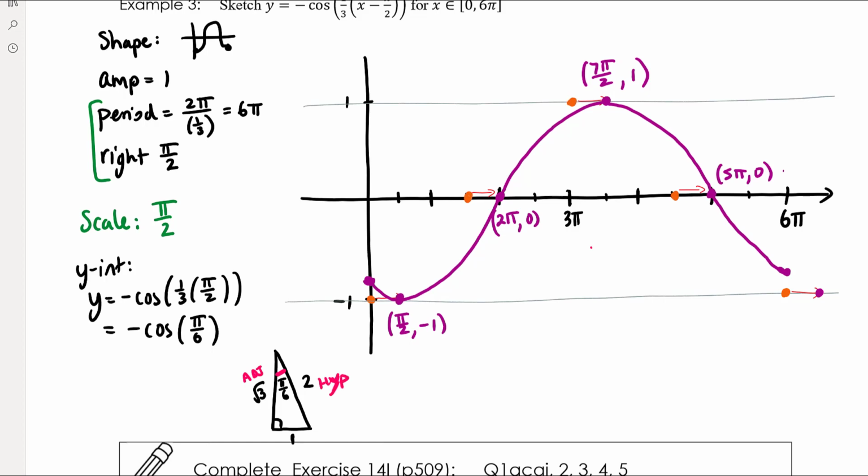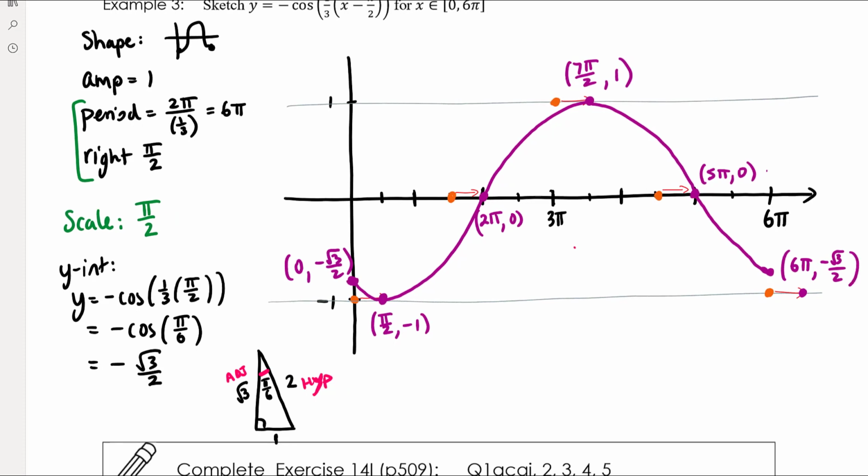And so therefore, cos of pi on 6 is root 3 on 2. So we've got negative cos of pi on 6, so negative root 3 on 2. So our y-intercept is 0, negative root 3 on 2, and our endpoint is 6 pi, negative root 3 on 2. And there we have our completed cos graph.